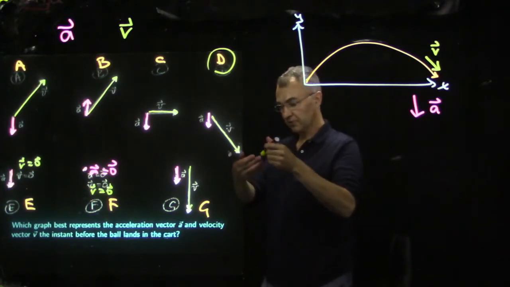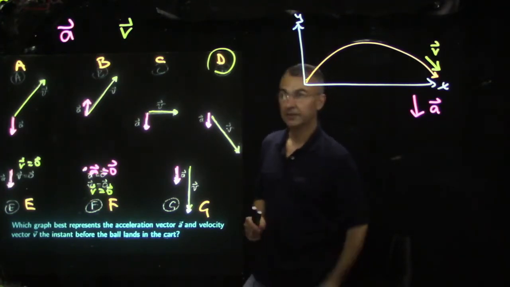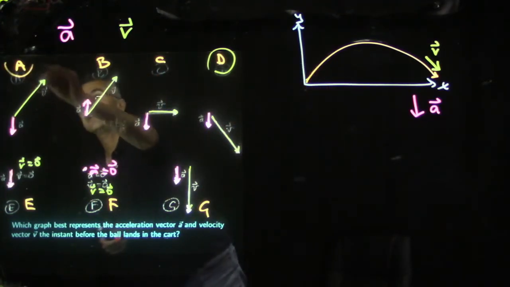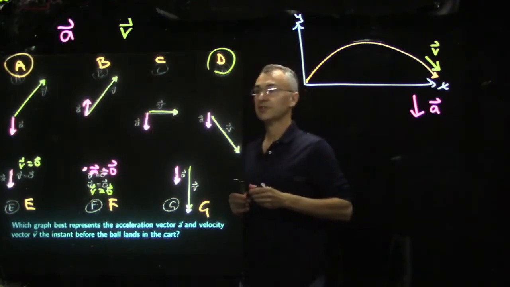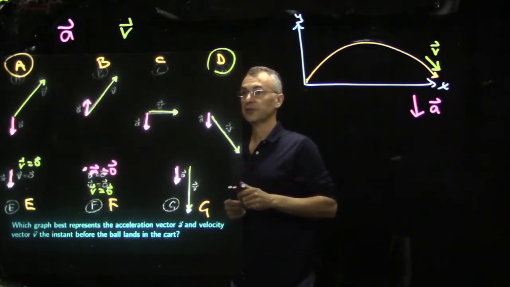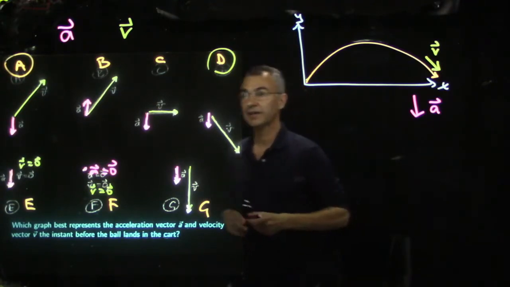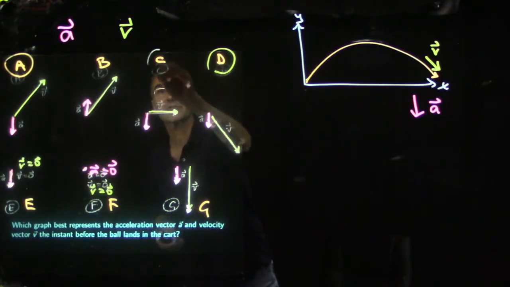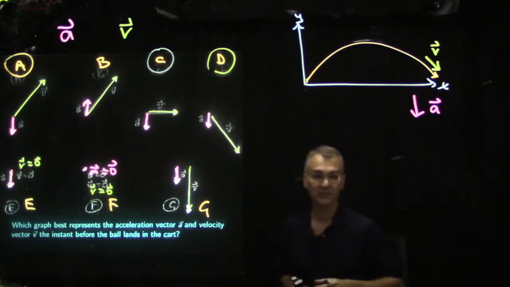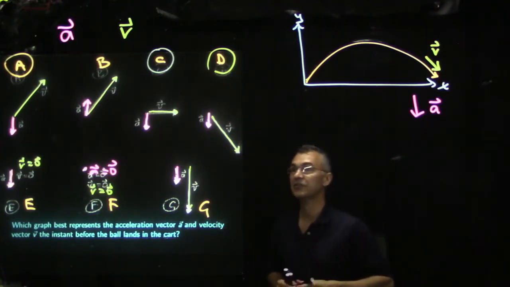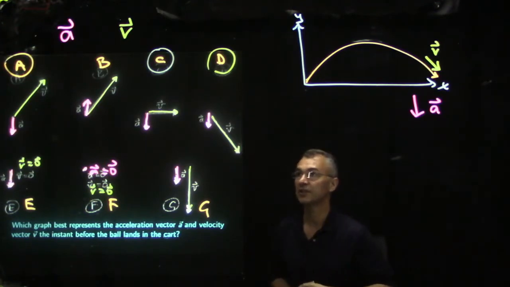And remember, we liked A, alpha, for the instant just after it was launched from the cart. And then at the instant when it was at its apex, I don't think we circled a result. So I think I like answer Charlie, C, for the instant when it is at the apex of its trajectory.